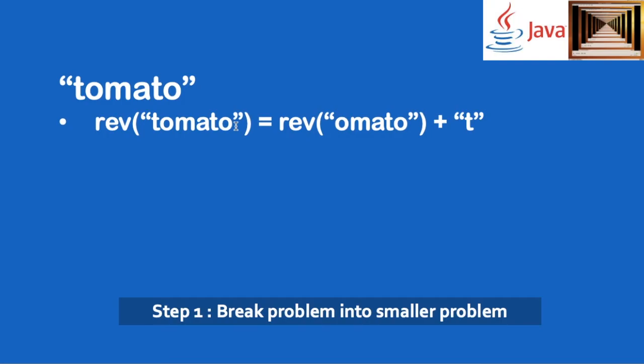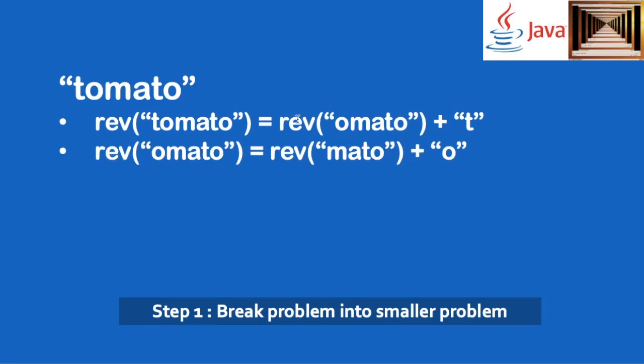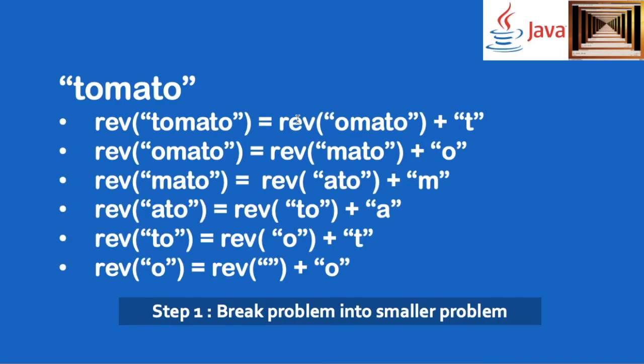So reverse of tomato is reverse of omato plus t. If I write what should be the reverse of omato, it will be o-t-a-m-o and then the t at the end. So this is important to note that this t is getting concatenated at the end, not in the beginning. Same for reverse of omato is reverse of mato plus o and so on.